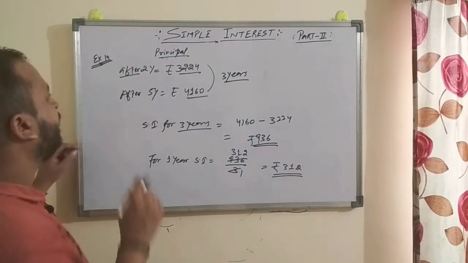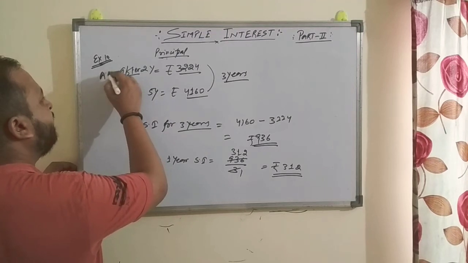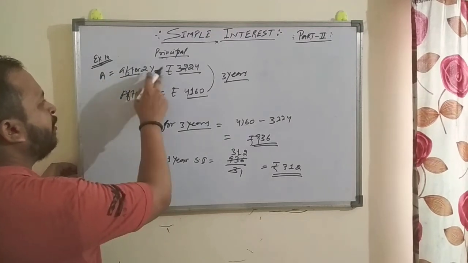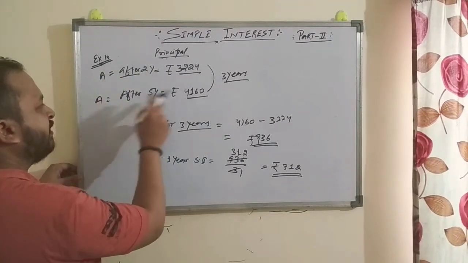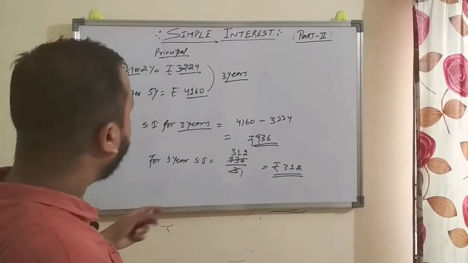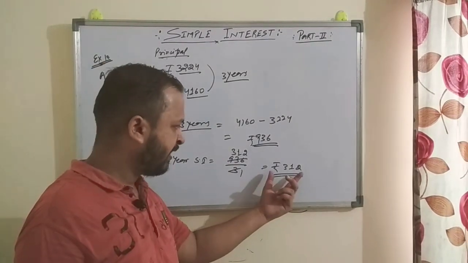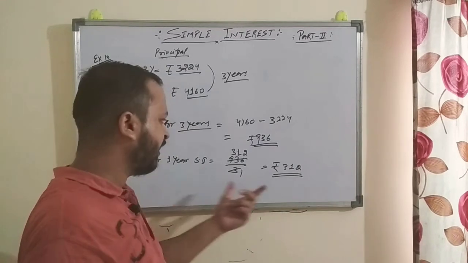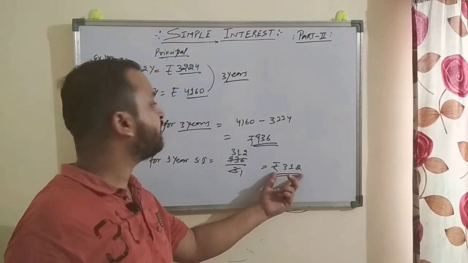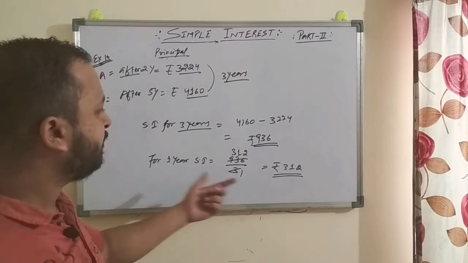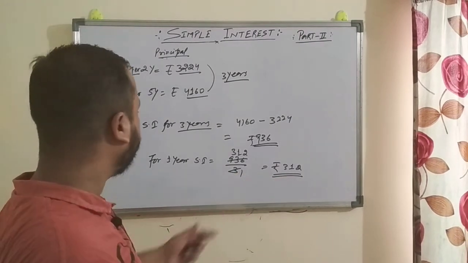So here amount is given. After 2 years the amount is this. After 5 years the amount is this, right? In 1 year you are getting 312 rupees as a simple interest. So this is the simple interest you are getting.